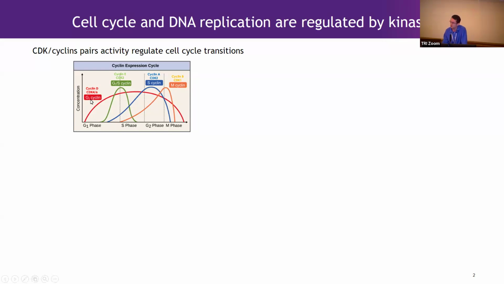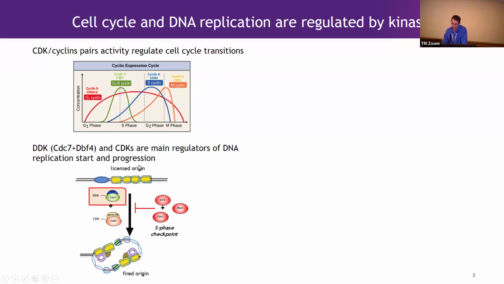They are the main ones to lead cells from G1 into the S phase. We also have CDK2 bound to cyclin E, and these are the two main kinases progressing cells from G1 into the S phase.